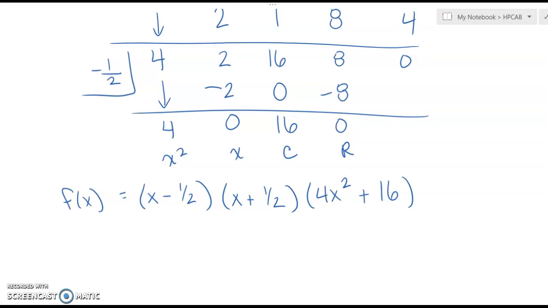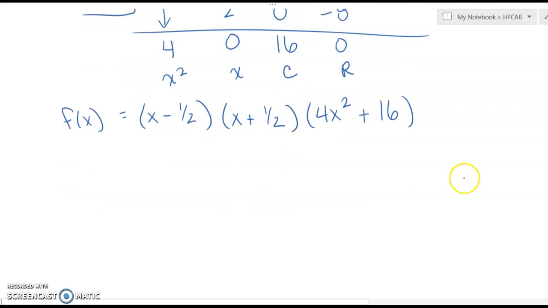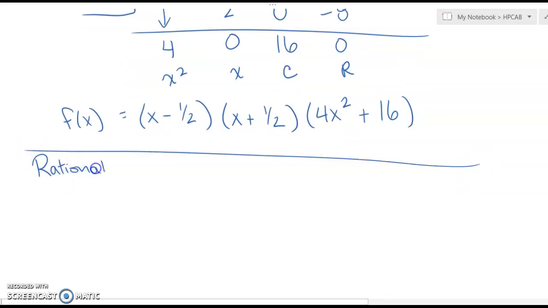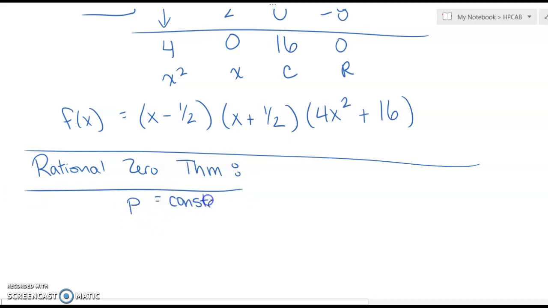Okay. Let's see. So then we've got something called the rational zero theorem. All right, the rational zero theorem. These notes, of course, are long. All right, rational zero theorem. Let's say that P is a constant, right? And Q is the lead coefficient.